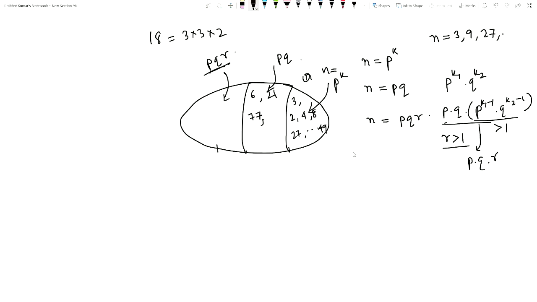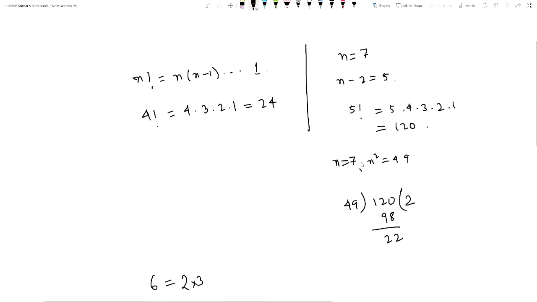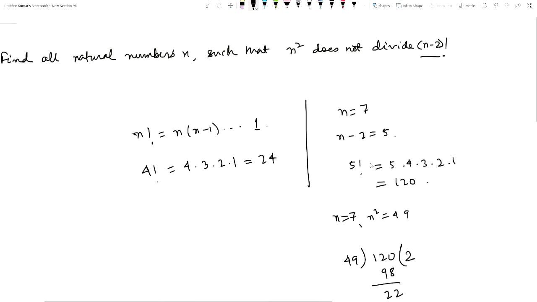If we independently solve all these three cases, then we can find the general form of all such natural numbers whose square, n square, will not divide n minus 2 factorial.